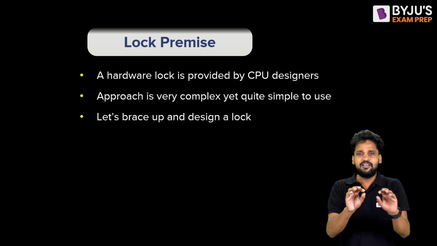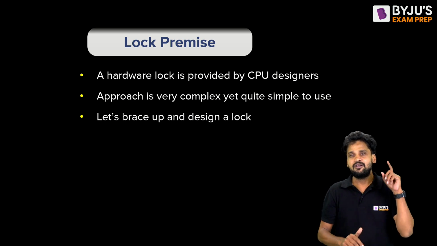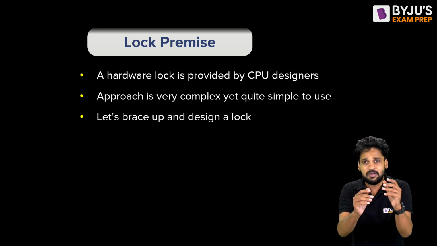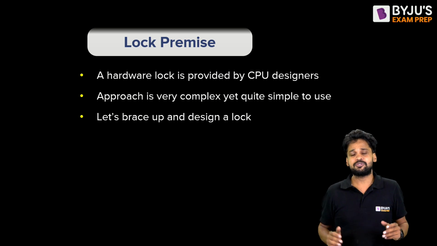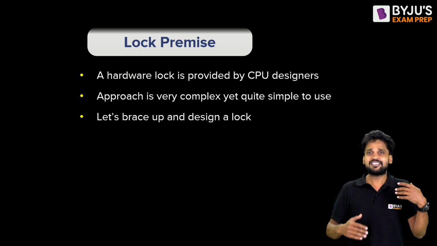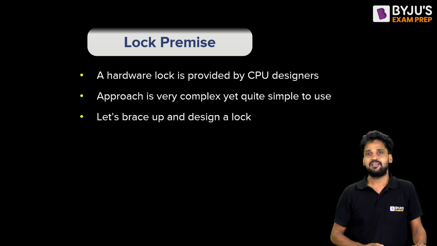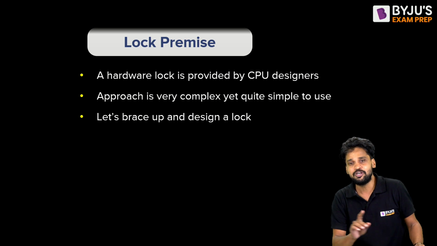So we need to use some premise to protect the critical section. Looking at the problem of these application program developers, the hardware developers, the CPU developers, have come up with one solution which is called a hardware lock. Let us see how this hardware lock is going to be designed.